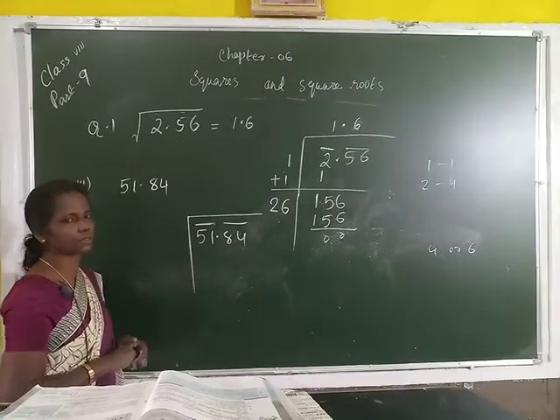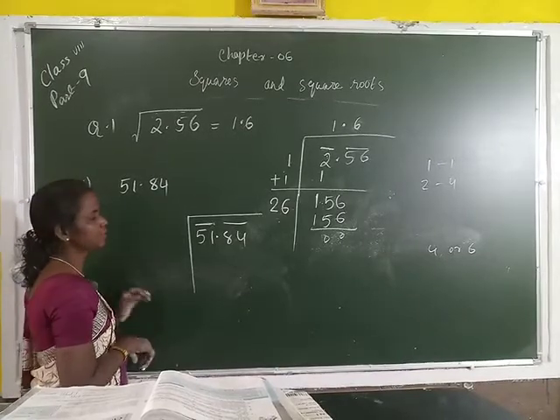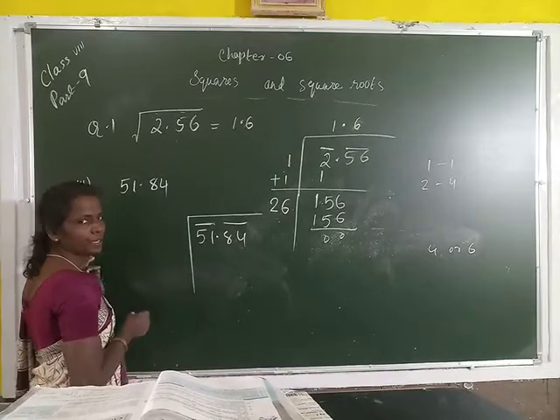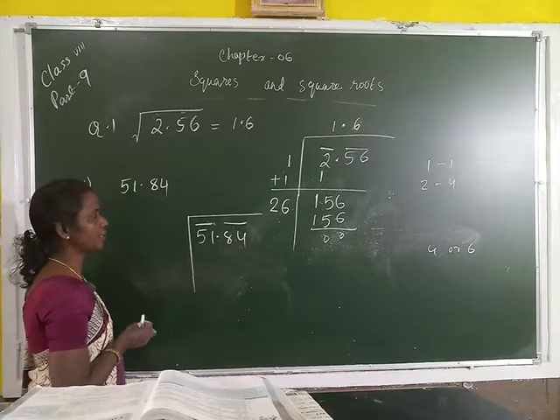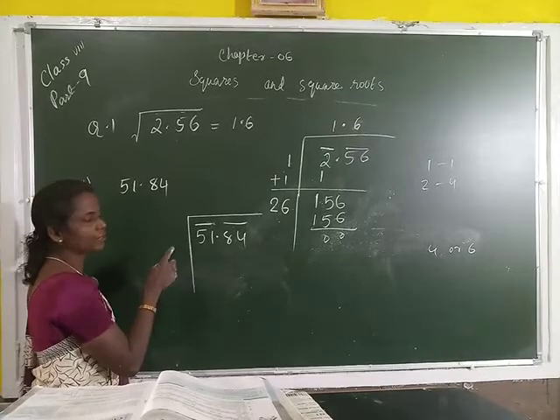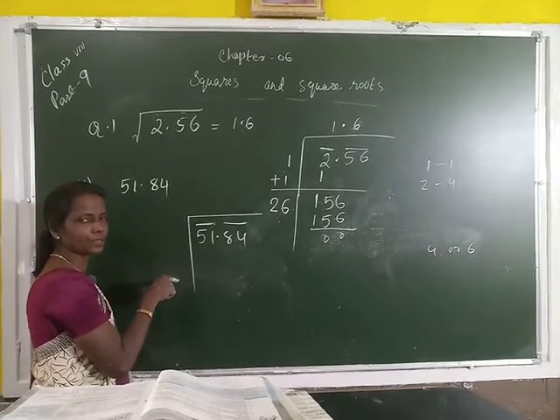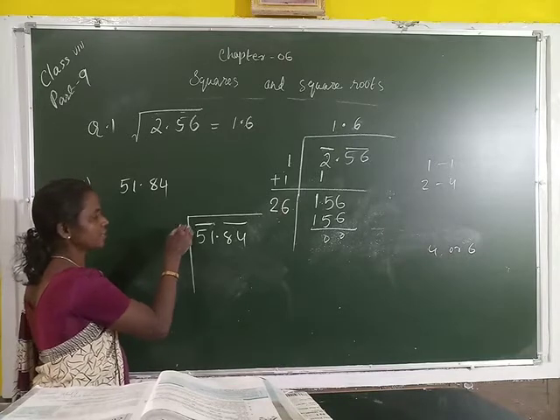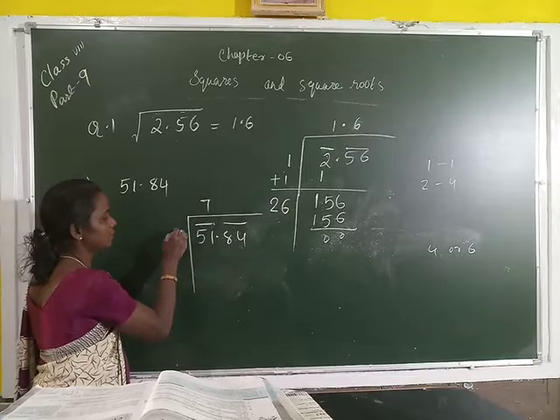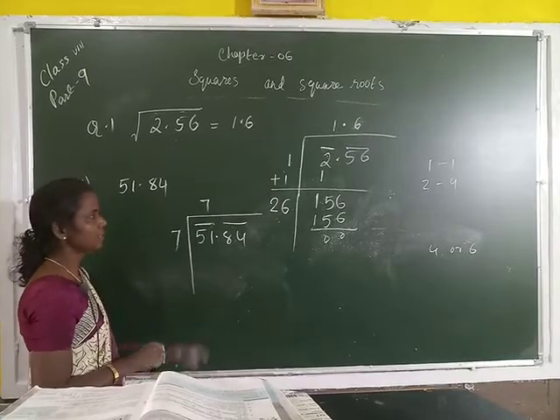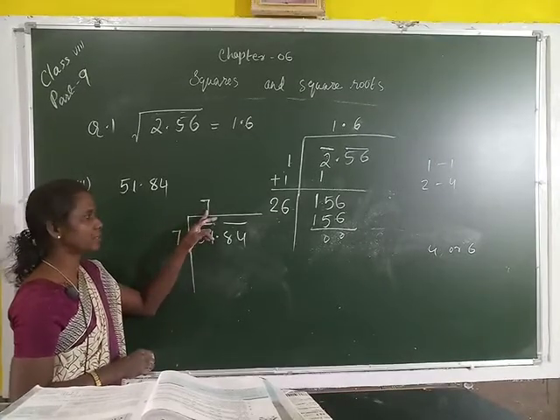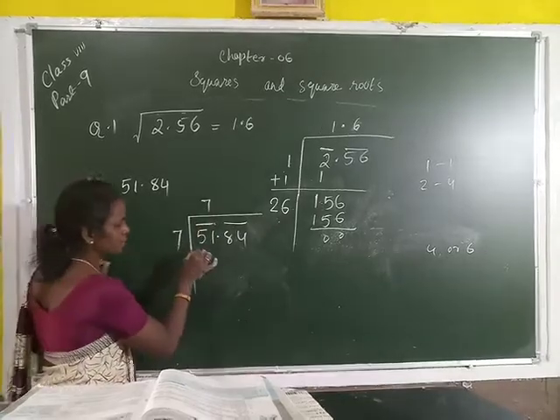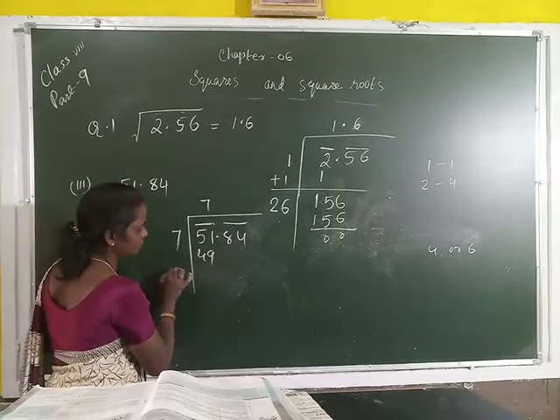Which is the nearest square number of 51? 49. 7 sevens are 49. So 49 is the nearest square number. The square root of 49 is which number? 7. This 7 we write as quotient and divisor. Is it clear? 7 we write as quotient and divisor, and the multiplication is 49.